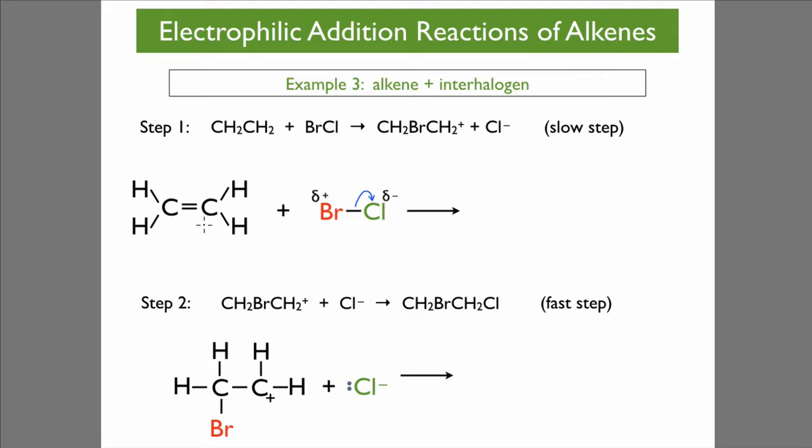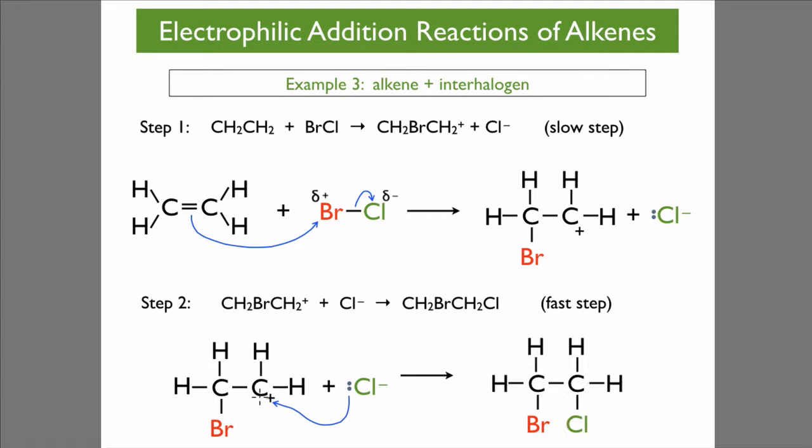The pi bond of the double bond will be attracted to the positive center here, and a bond will form, making the unstable complex and chloride ion. The fast step, the lone pair here will be attracted to the positive center, and the bond will form.